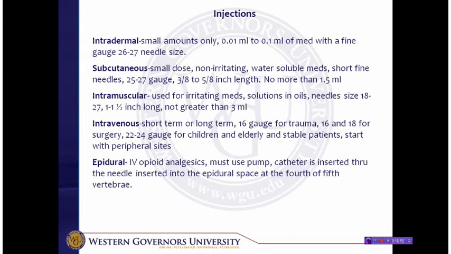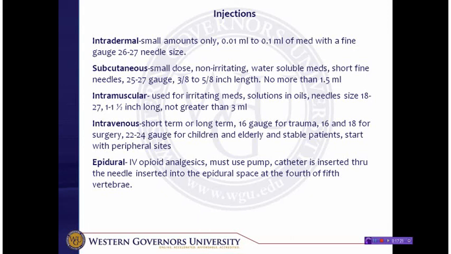IM injections are very common. Like I said before, the majority of the ones we do are vaccines. In the hospital, you'll give some other types of medication, sometimes Toradol in the hip. And we determine whether we give it into the deltoid or the hip, or sometimes even the quad, based on the medication.